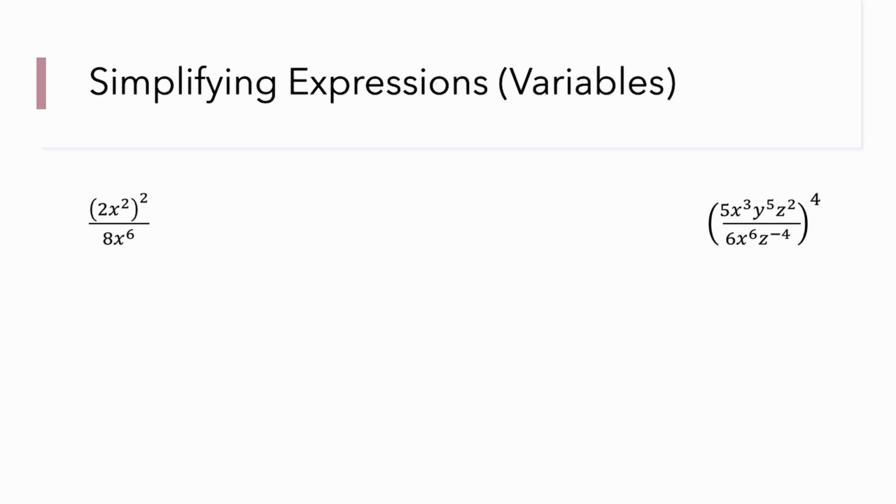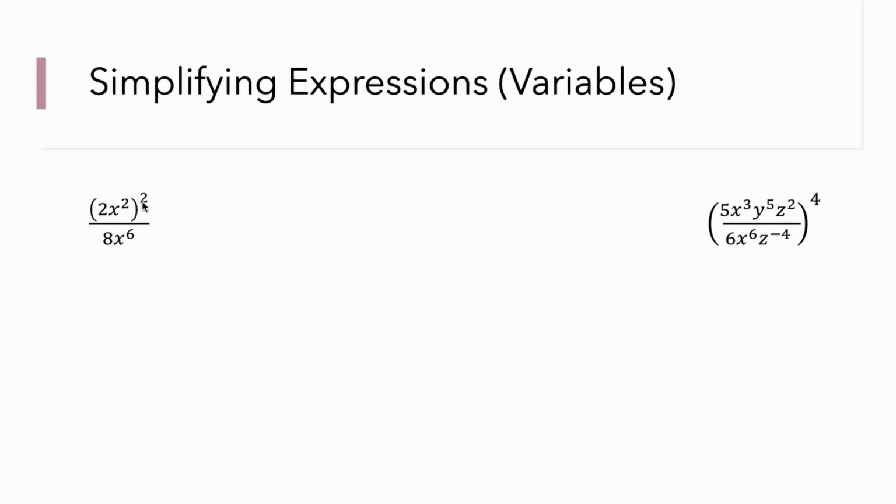Alright, I'm thinking that you've tried them out, so let's do the first one. 2x squared in parentheses squared divided by 8x to the power of 6. So again, as I told you a few slides back, you want to use the power of a power property first.